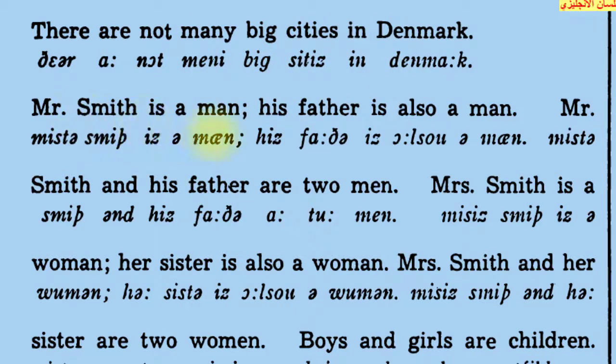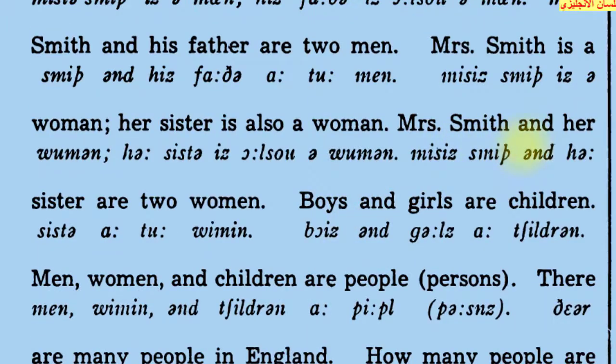Mr. Smith is a man. His father is also a man. Mr. Smith and his father are two men. Mrs. Smith is a woman. Her sister is also a woman. Mrs. Smith and her sister are two women.